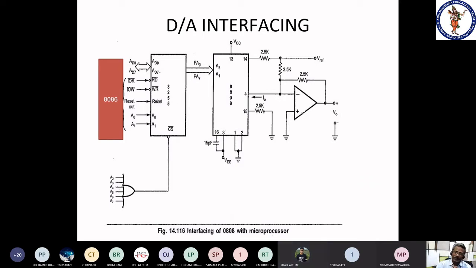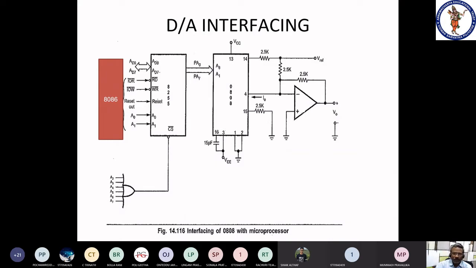In a weighted resistor type, when the number of bits increases, a larger resistance is required. At the same time, if the resistance increases, more heat is generated, so the output characteristics are non-linear. That story is different.